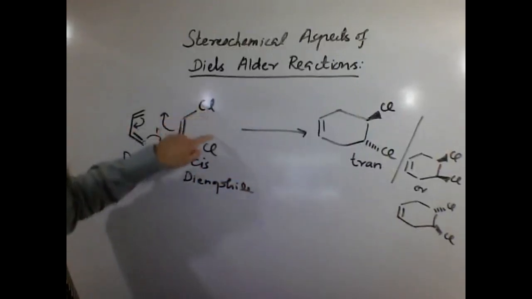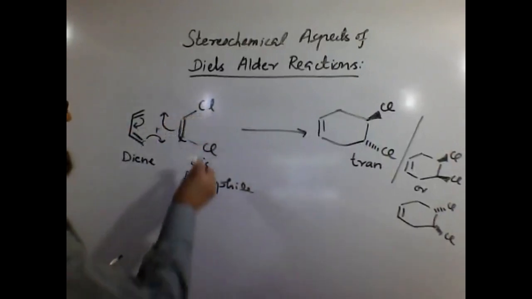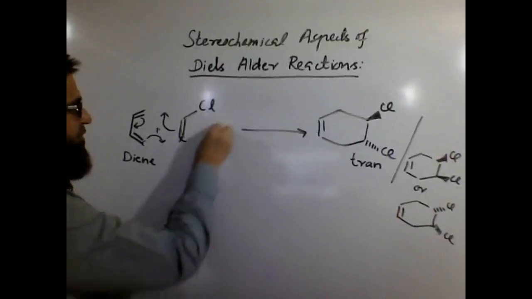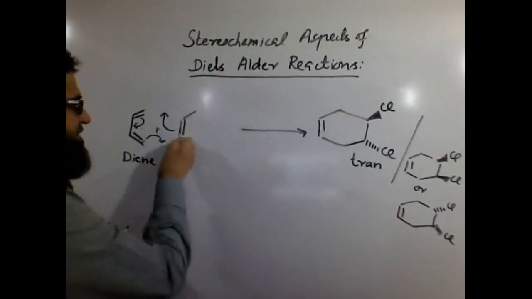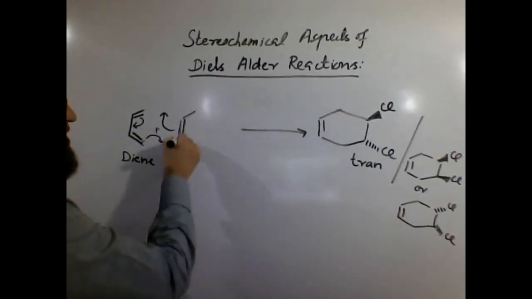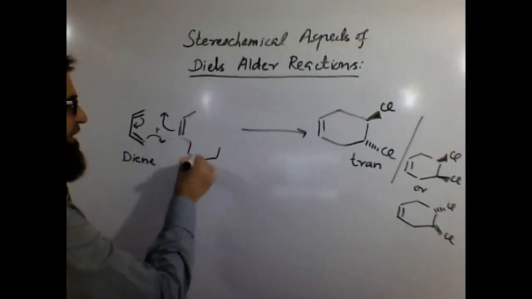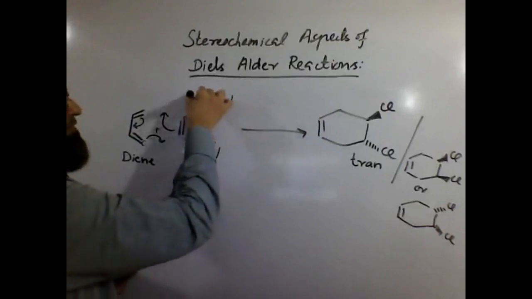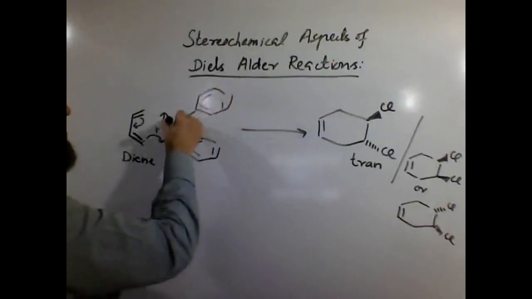It could be the simpler groups, or some complex substituents around. As I told you in the last lecture, let's say we have two phenyl substituents, two benzenes, around this double bond.